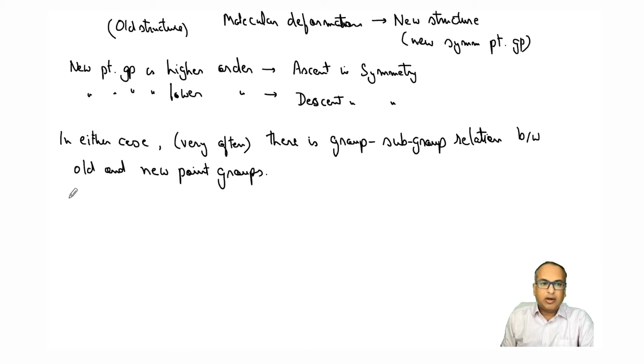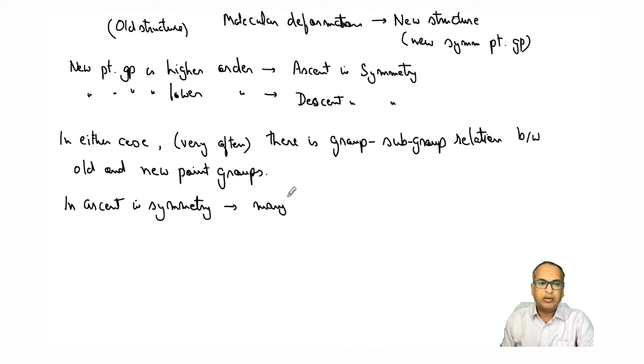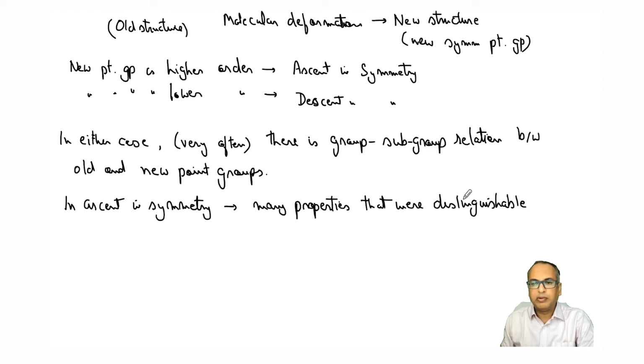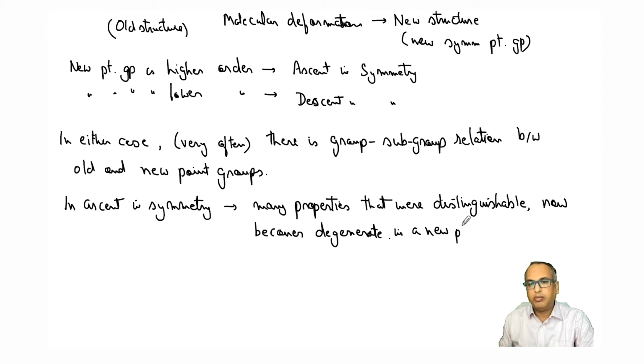So in case of ascent in symmetry, if you are going from lower symmetry to higher symmetry, many properties that were distinguishable now become degenerate in the new point group, or new structure, or new molecule.